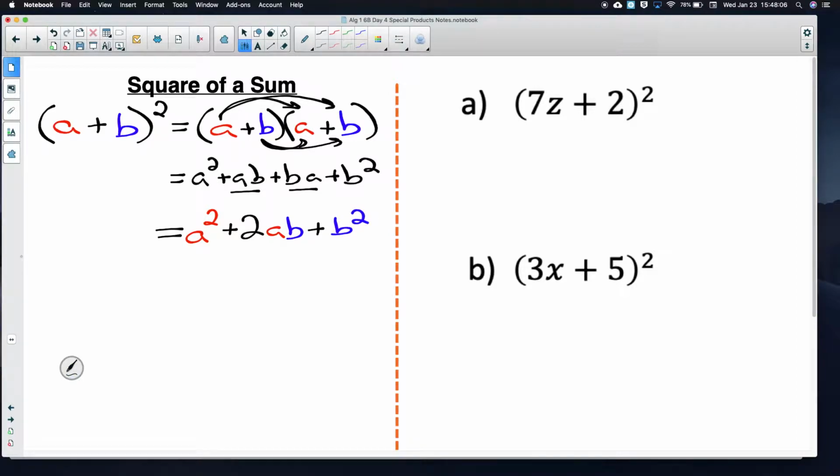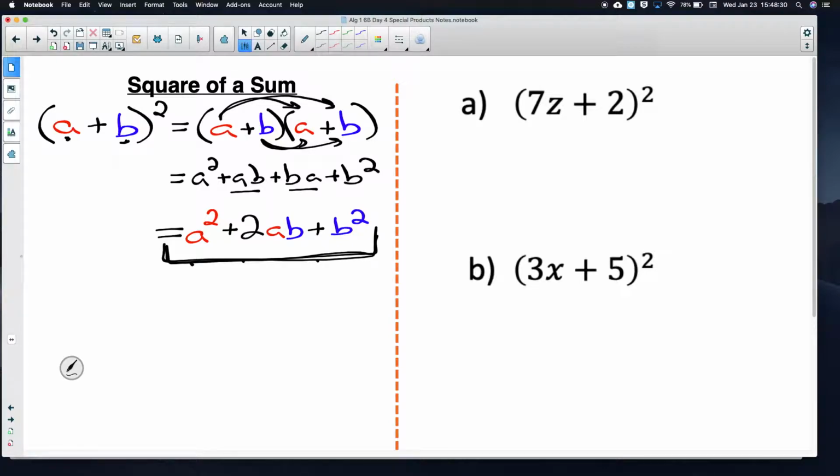So, if I have a square of a sum, A plus B squared, what that ends up being always is A squared plus 2AB plus B squared. So I'm going to take the first term and I'm going to square it. And then I'm going to add twice the product of both terms. And then I'm going to add the last term squared.